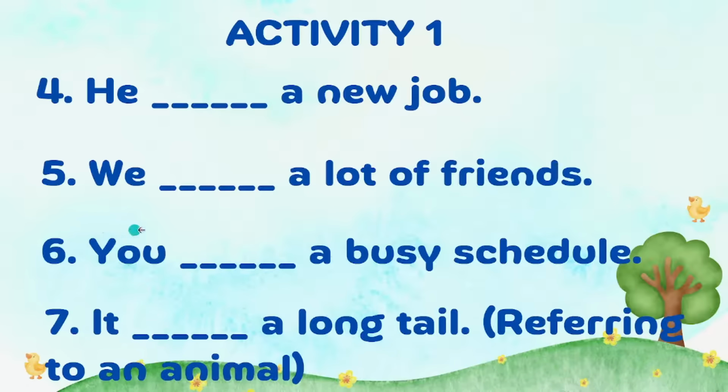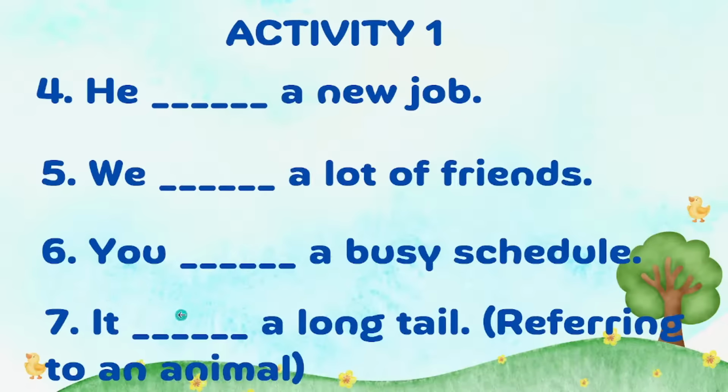And for the you, it's going to be have, of course. You have a busy schedule. Just like me yesterday, I have a very busy schedule. For he, she, it, what is going to be the irregular verb to have here?